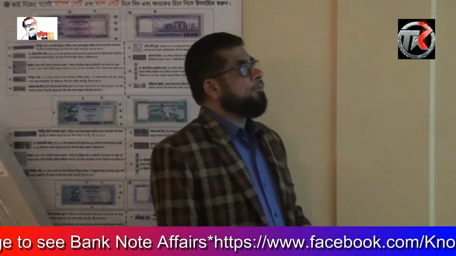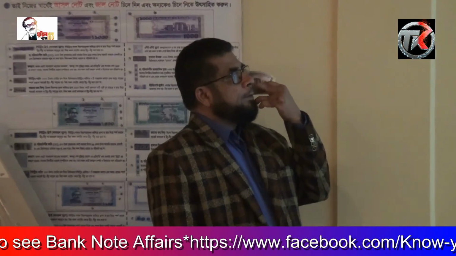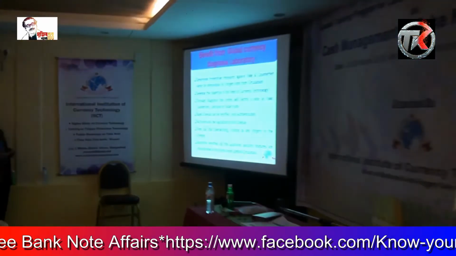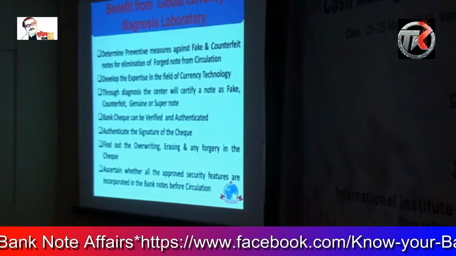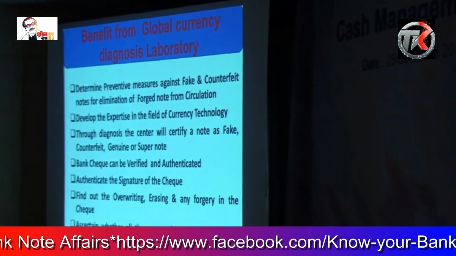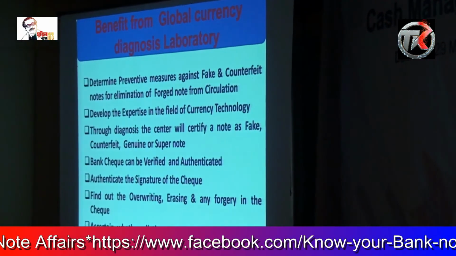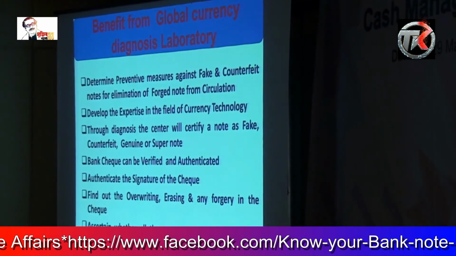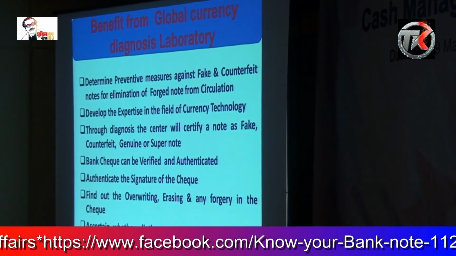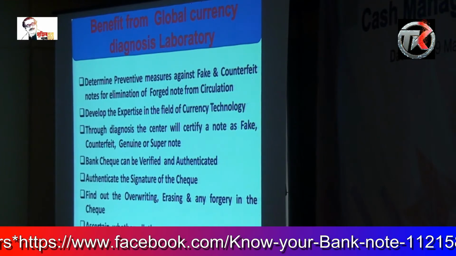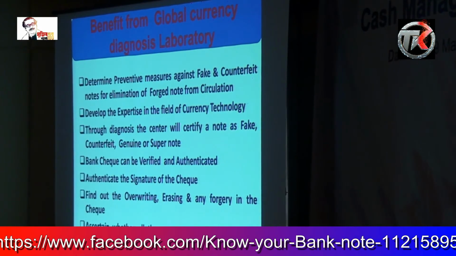Next. Determine preventive measures against fake and counterfeit notes for elimination of forged notes from circulation. Through the diagnosis laboratory, they can identify which one is counterfeit.